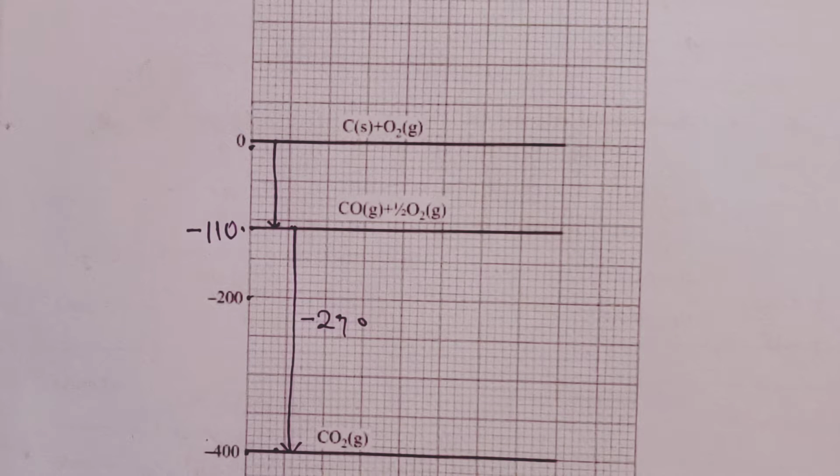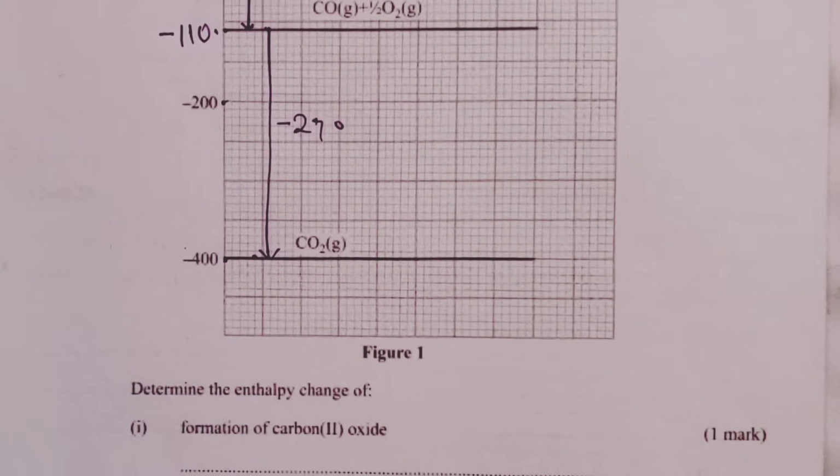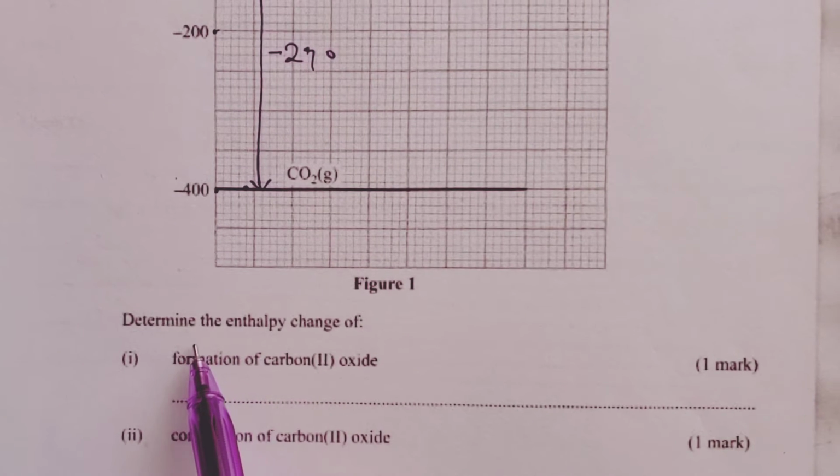So with that analysis, we can now go ahead and answer the questions that were brought from the graph or from the energy level diagram. Part A, we are told to determine the enthalpy change of formation of carbon 2 oxide.